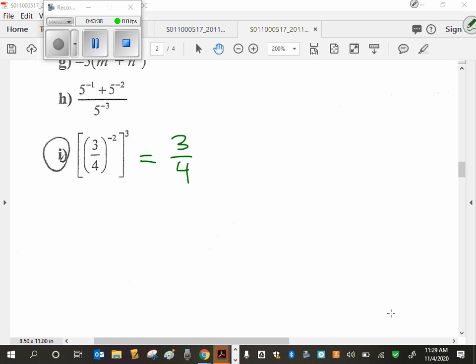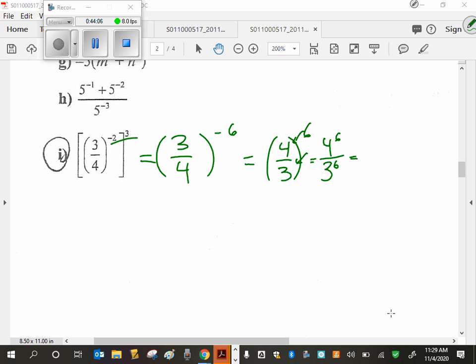Okay, so this one you just multiply these exponents together, keep the base, and now shortcut it up and use your calculator. So flip it, positive exponent. Someone tell me what 4 to the 6th equals, please.